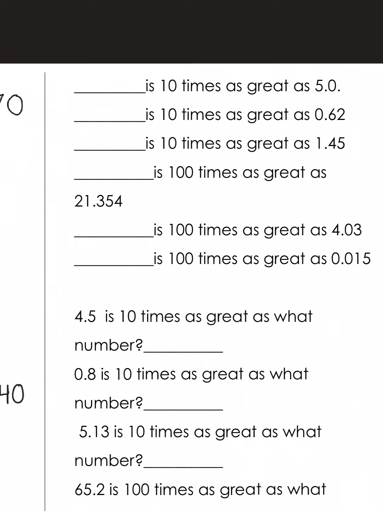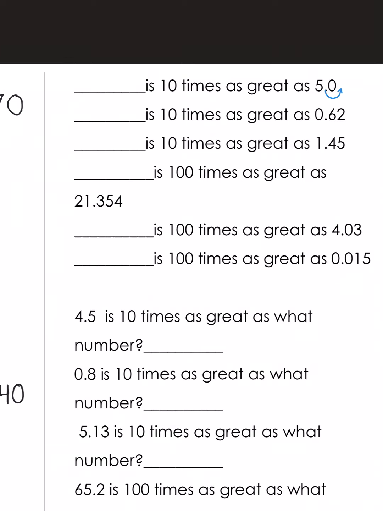At the top of the next page, you should read these questions like, what number is 10 times greater than 5.0? I know I have to multiply my number by 10, but we use the decimal trick, and to make the number larger, we move our decimal to the right.